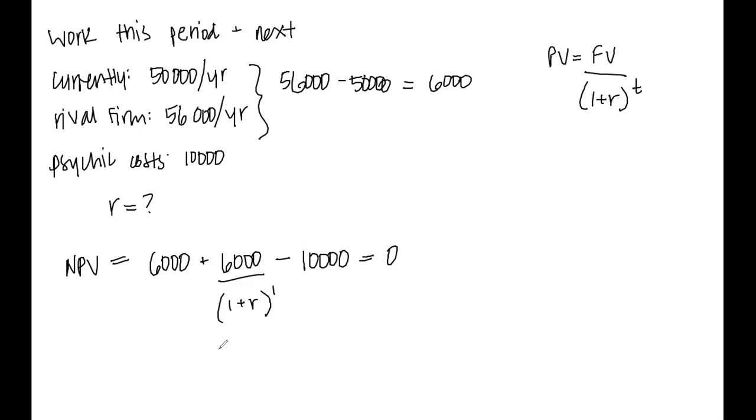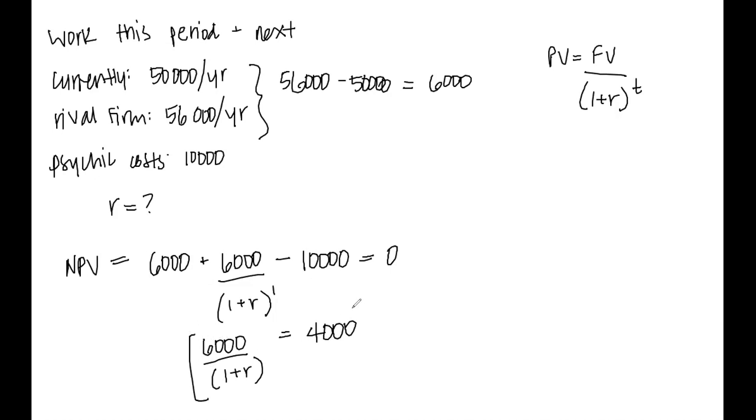Adding that to the right side, it becomes a positive 4,000 on the right. And then on the left, all that's left is 6,000 over 1 plus r. We can get rid of this fraction by multiplying both sides by 1 plus r.